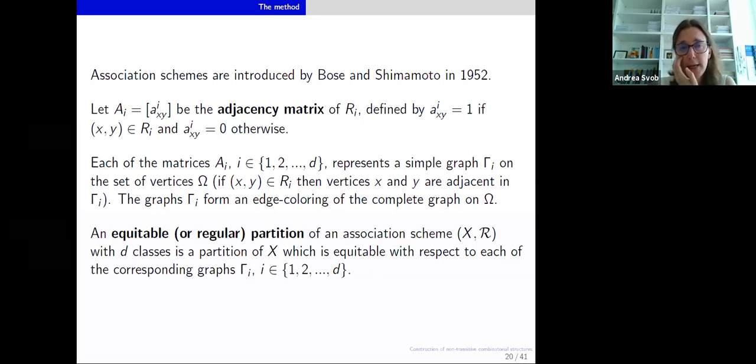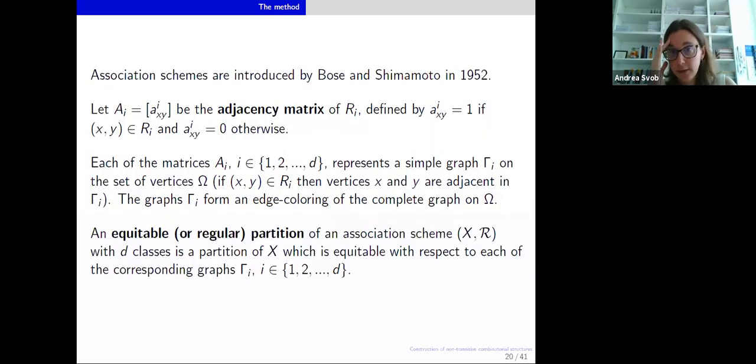And actually we can say that the graphs gamma_i form an edge coloring of the complete graph. And we can define an equitable or regular partition of an association scheme with d classes to be a partition of X which is equitable with respect to each of the corresponding graphs gamma_i, when i goes from 1 up to d.